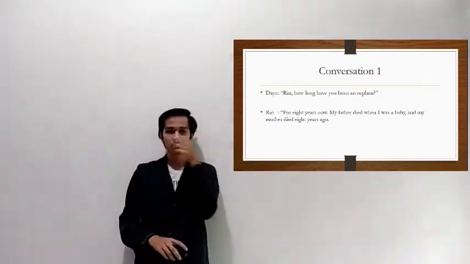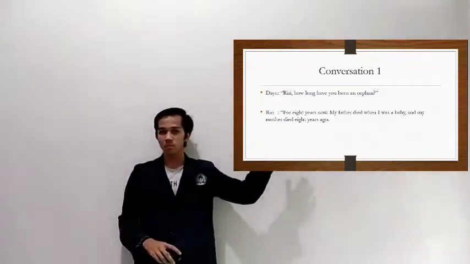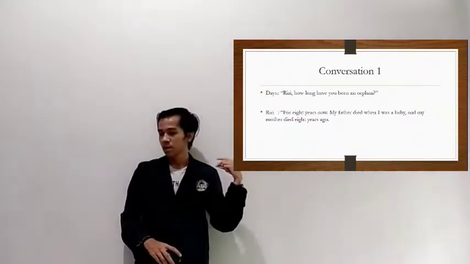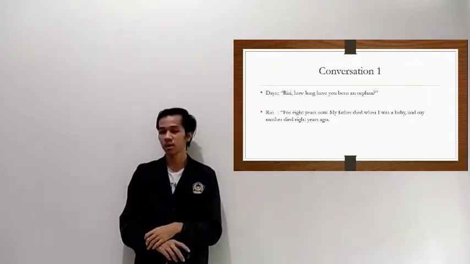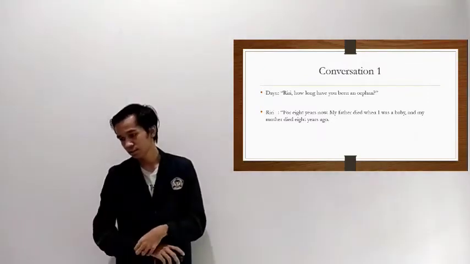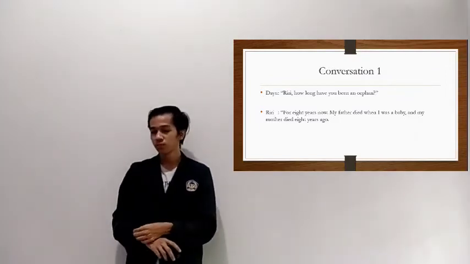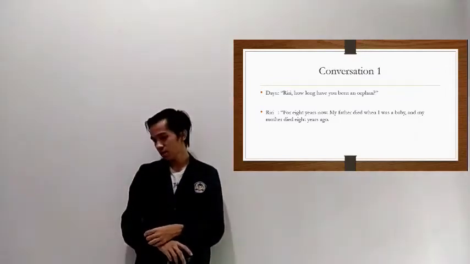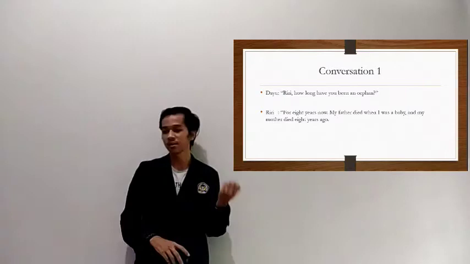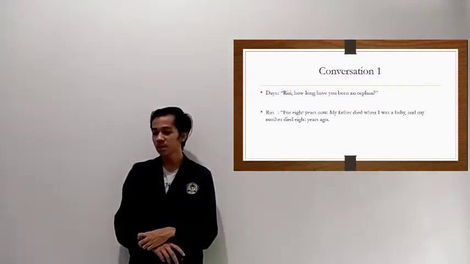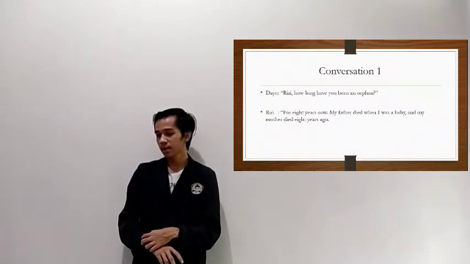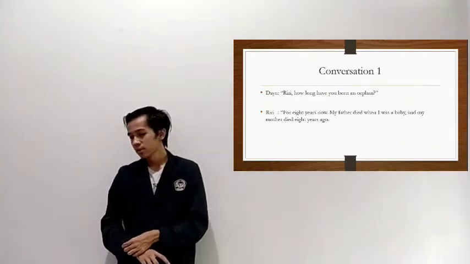So look at this conversation here. Rini, how long have you been an orphan? Then he asked Riri. And then Riri said, for 8 years now. My father died when I was a baby, and my mother died 8 years ago.